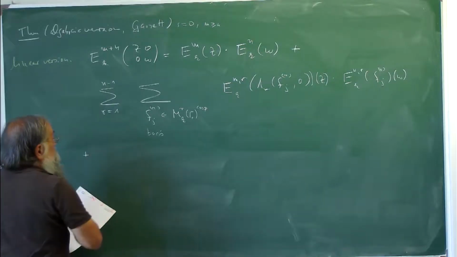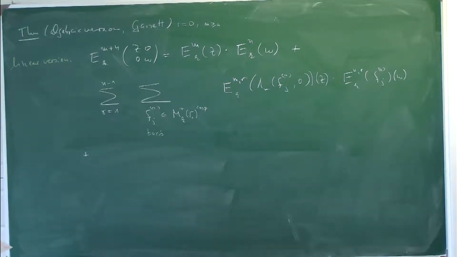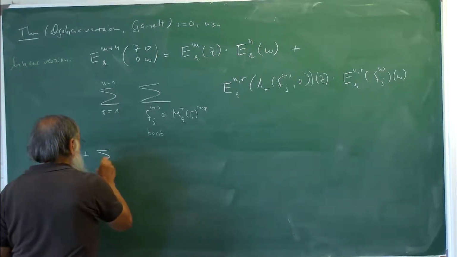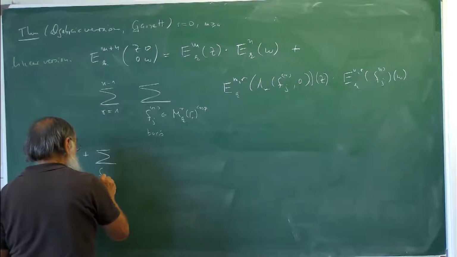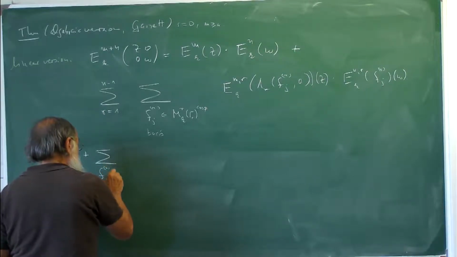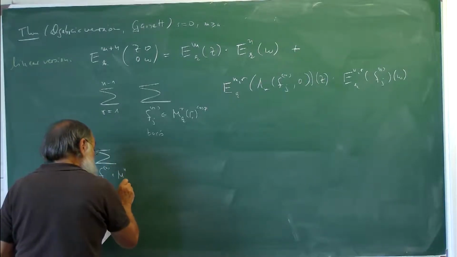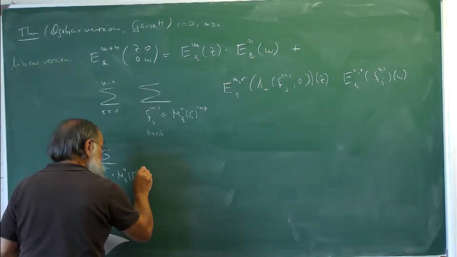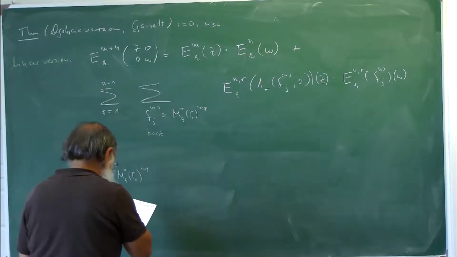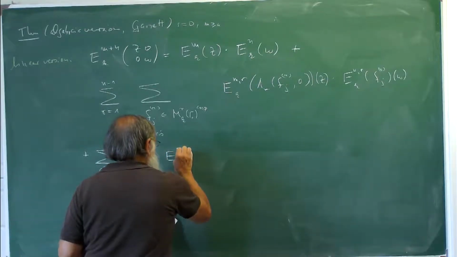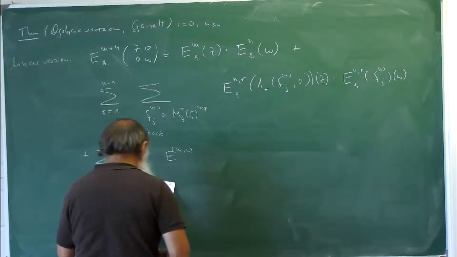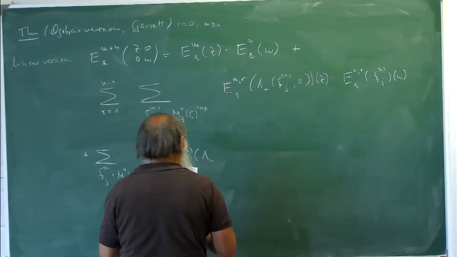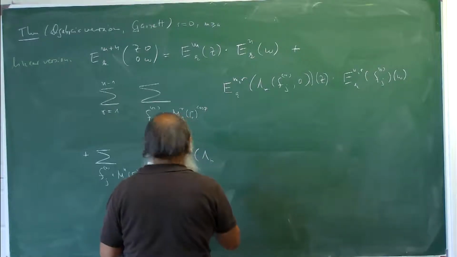And now the last term runs over cusp forms of degree n, Lambda n.